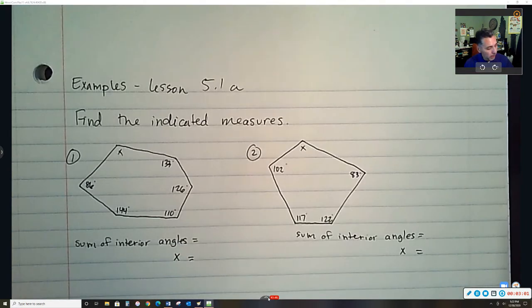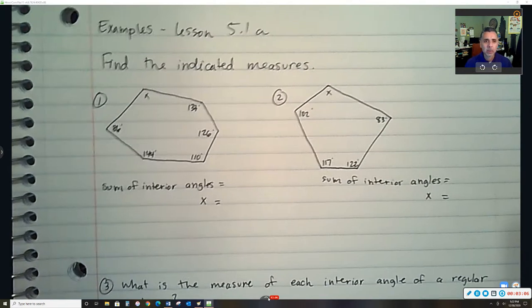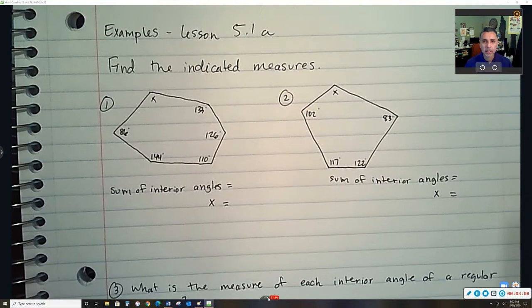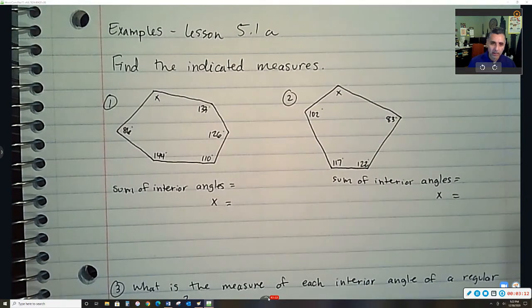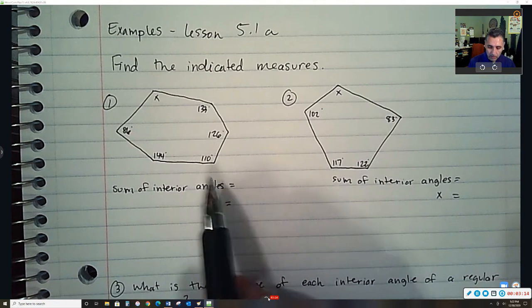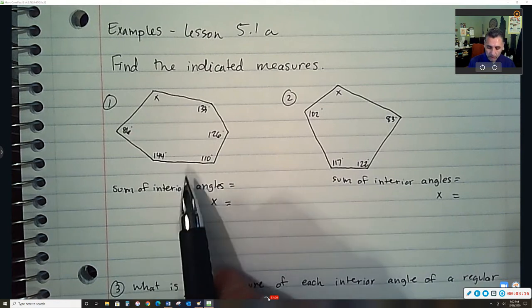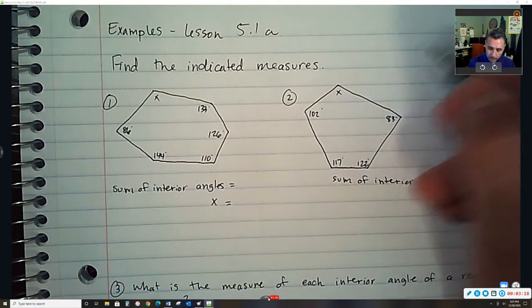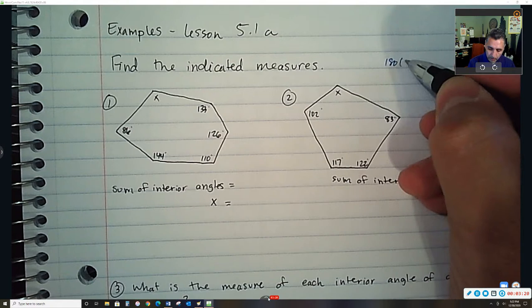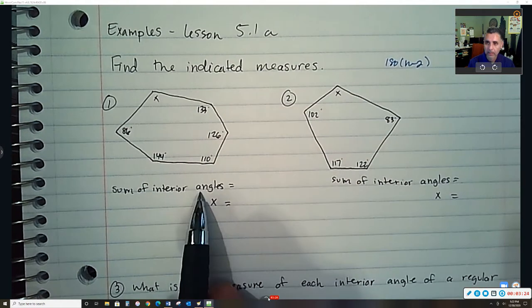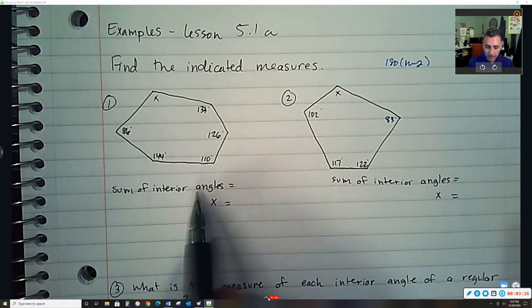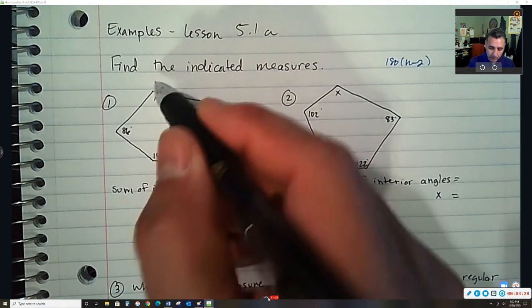So for the examples, here I have 2 examples. This is find the indicated measures. So again, we're finding inside angle measures. So what we have to do first is use this formula to figure out the sum of the interior angles, the total sum. Now we have to figure out how many angles there are.